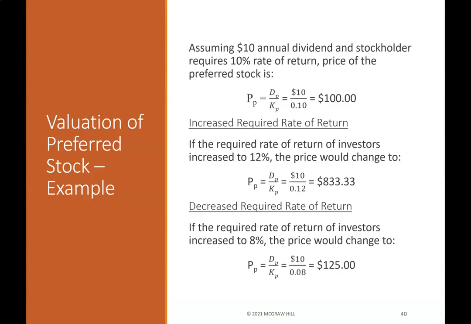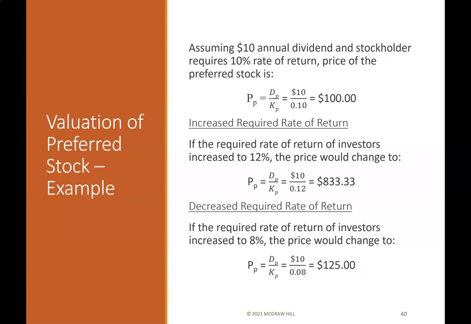Valuation of preferred stock example. Assuming $10 annual dividend and the stockholder requires 10% rate of return, the price of the preferred stock is P equals D divided by K, $10 divided by 10% equals 100. Increased required rate of return.